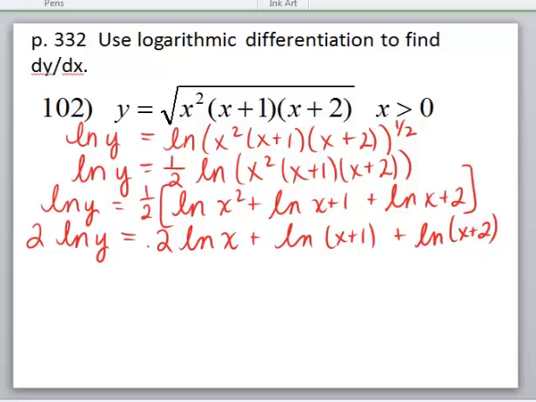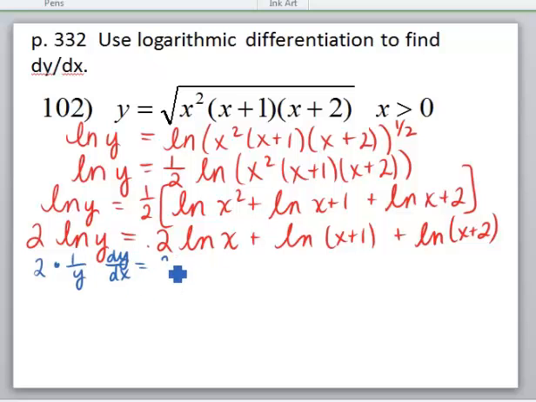All I've done so far is simplify this using natural logs. I haven't even taken the derivative yet, so now I'm going to start taking the derivative. So this would be 2 times 1 over y equals, and I left off my dy over dx accidentally. This is taking the derivative with respect to x, so I need to put a dy over dx.